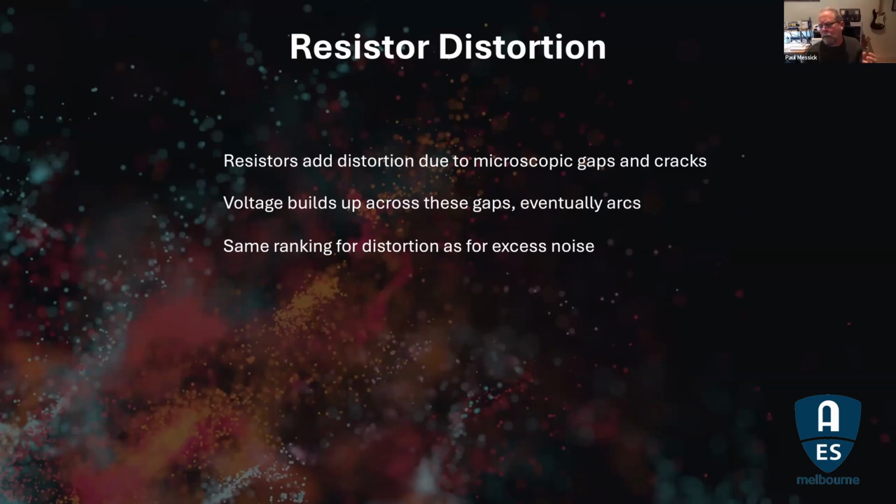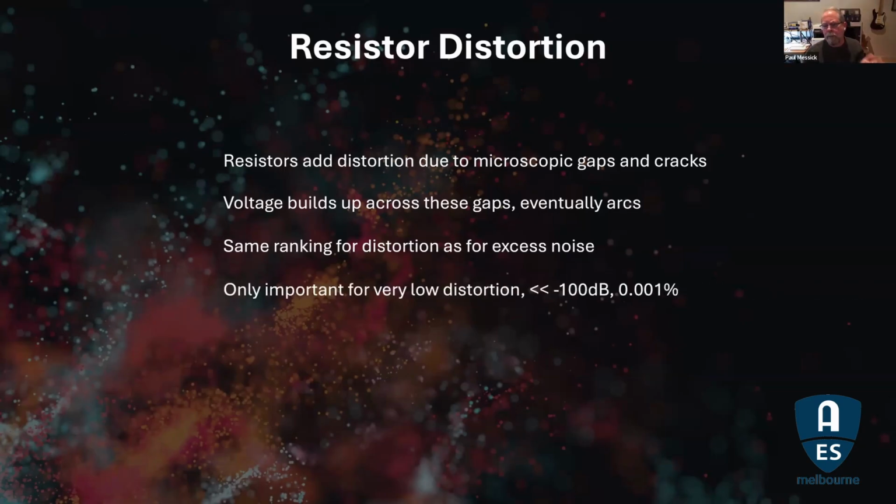One that you try and avoid, if you're trying to do extremely low distortion, is the thick film resistors that are very, very common and very inexpensive, because by their very construction, they have these little gaps and they do add some distortion.